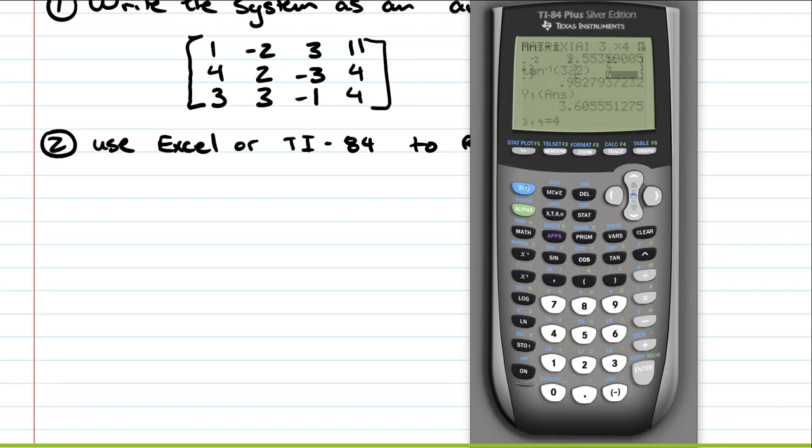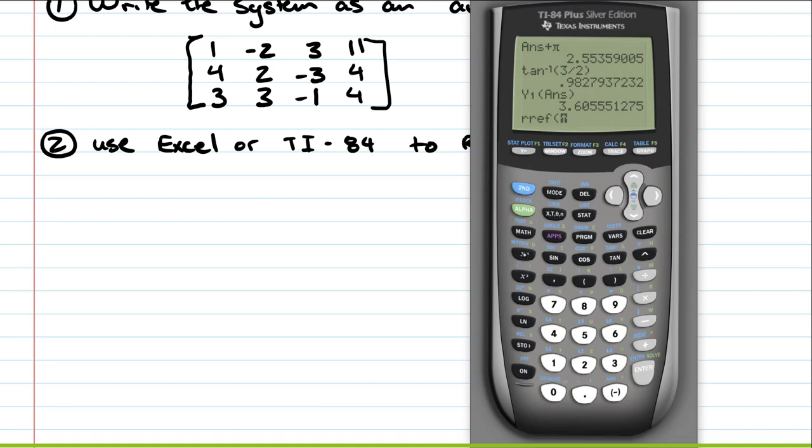So we go second quit to get back to our home screen. Then we need to get back into our matrix menu. So second matrix. This time we want to do some math with our matrix, so we move over to math. Then we scroll down about 13 times until we find RREF, which stands for reduced row echelon form.